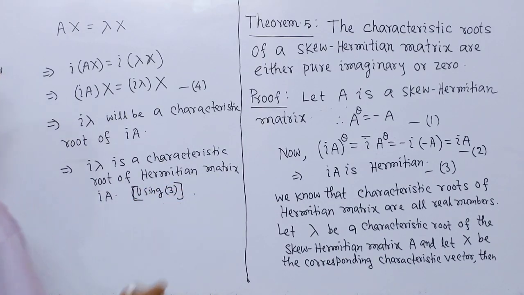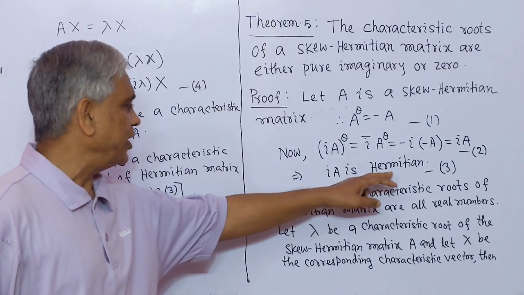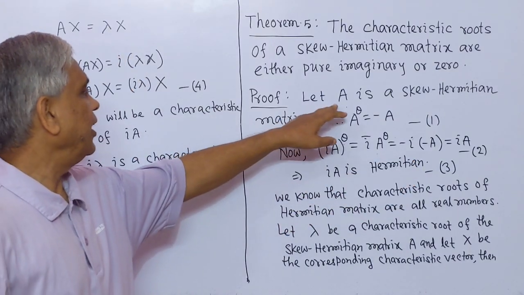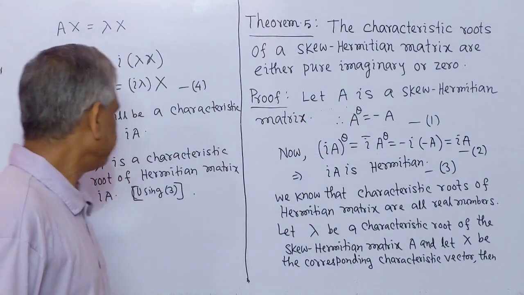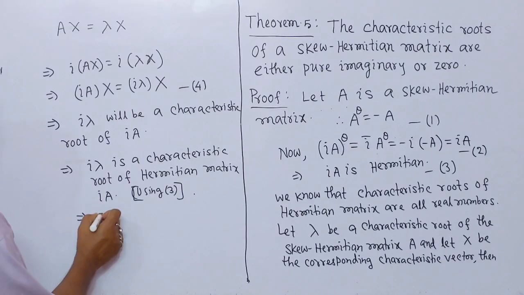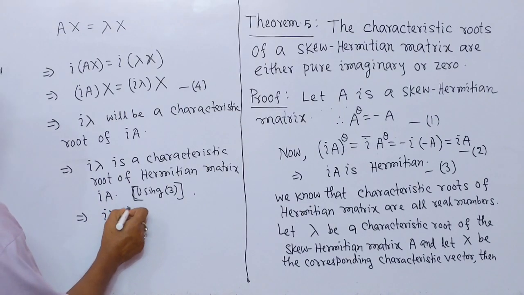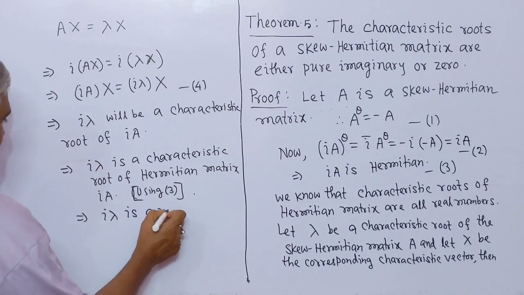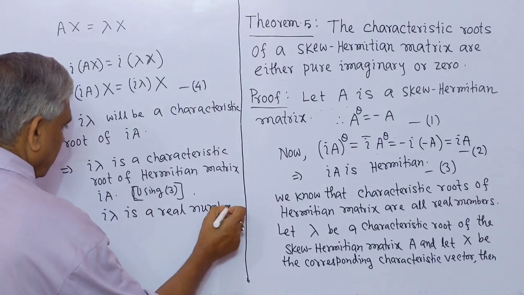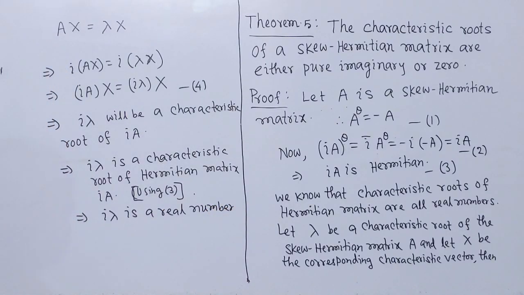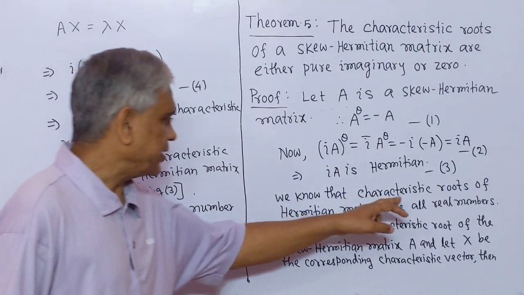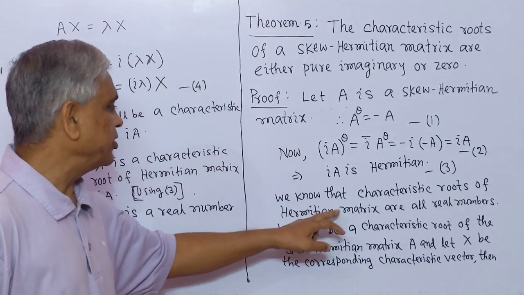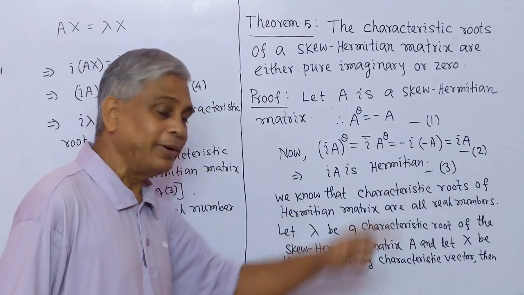In theory, we have seen that iA is Hermitian if A is skew-Hermitian, which implies that i lambda is a real number, because the characteristic roots of a Hermitian matrix are all real numbers.